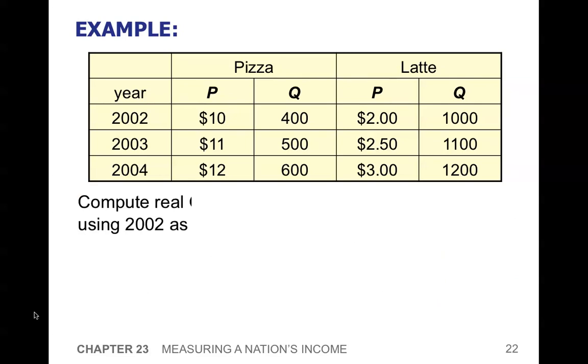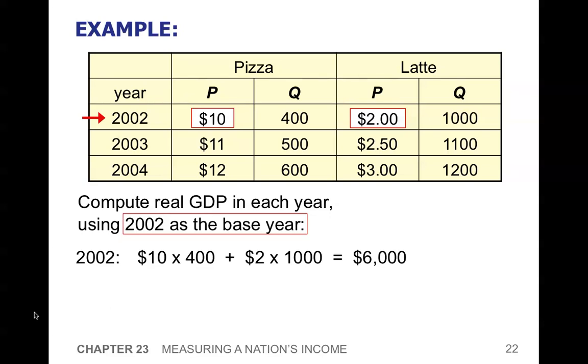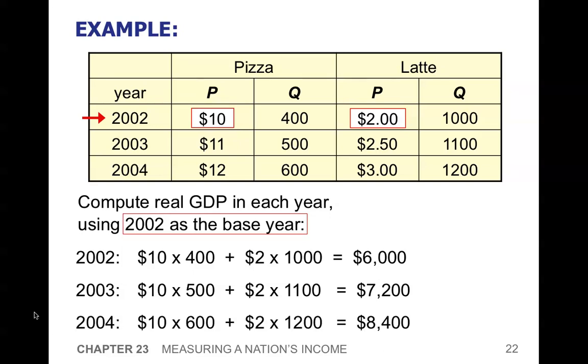So here's how real GDP works. We use a base year, 2002, and it's going to be the base year prices times the current year quantities. So there's the base year. So 10 times 400 plus 2 times 1,000. 10 times 500 plus 2 times 1,100. 10 times 600 plus 2 times 1,200.